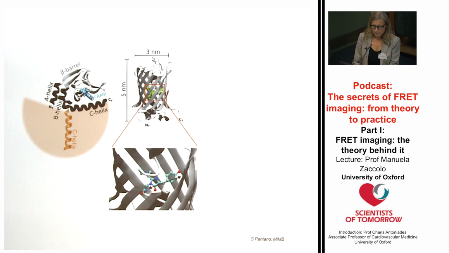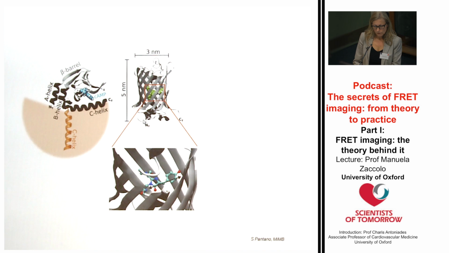Now, if you look at the structure of GFP, which is not drawn to scale, you can see that the GFP, as you know, is a very solid structure, a beta barrel, which measures about 3 nanometers in diameter and 5 nanometers in height. Here is the fluorophore with the orientation of the dipole shown by this arrow.